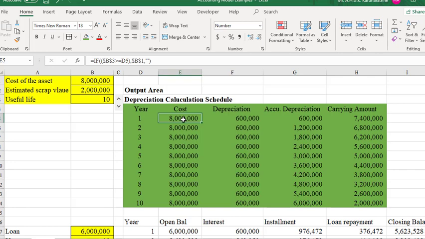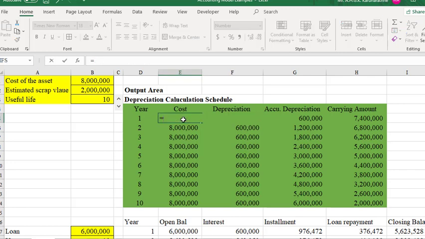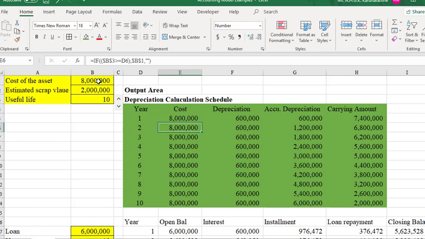For example, if you want to get 8 million into this particular cell, you can just link this cell to this particular cell and just enter. You can see 8 million is still there.